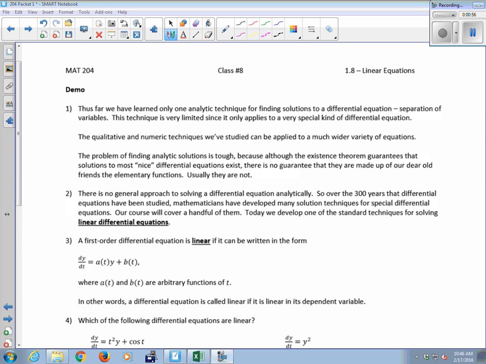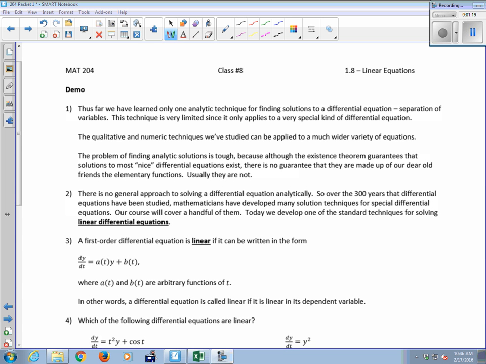So the problem of finding analytic solutions is actually a really tough problem because although the existence theorem guarantees that solutions to most nice differential equations exist, there's no guarantee that they're made up of the kinds of functions we're familiar with, like exponentials, polynomials, trig functions. In fact, usually they're not.